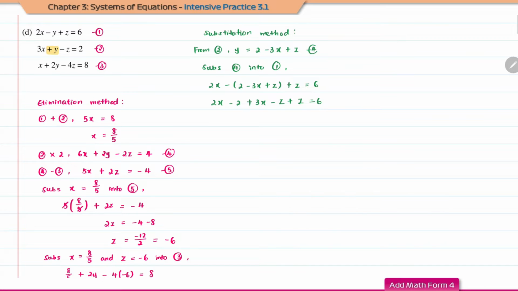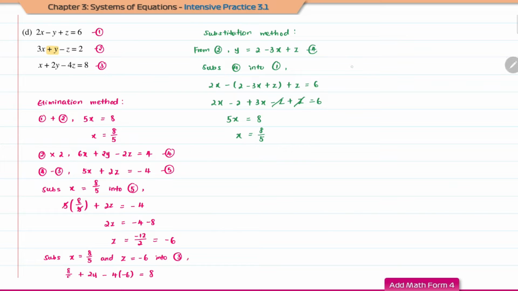Next, solve for the like terms. 2x plus 3x, 5x. And then this negative z plus z, it will be cancelled. So lastly, we're going to move this negative 2 to the other side. So 6 plus 2 is equal to 8. Therefore, x is equal to 8 over 5. So here we already find the value of x straight away by substituting the equations 4 into the 1.